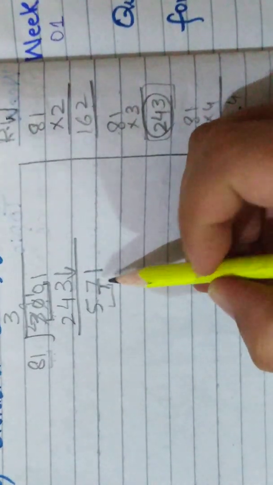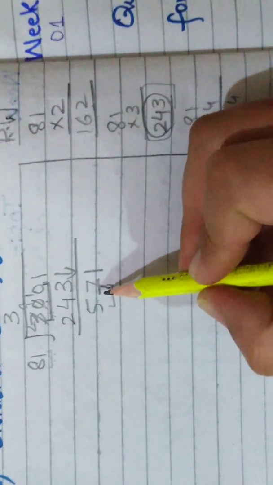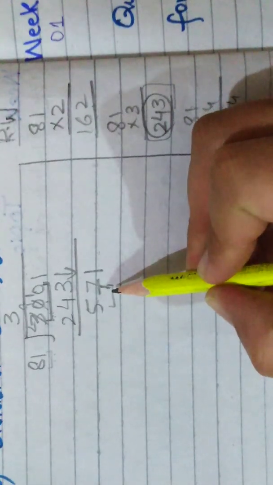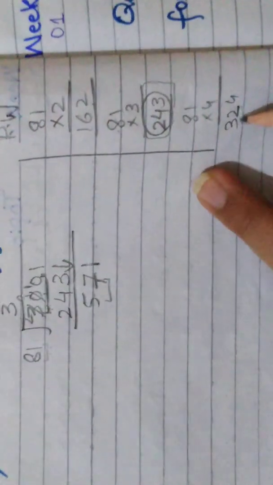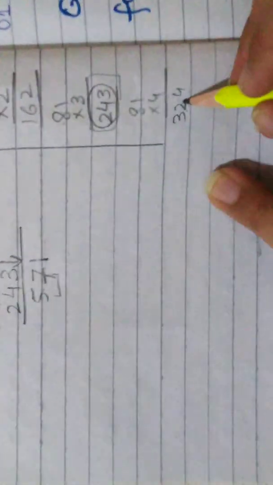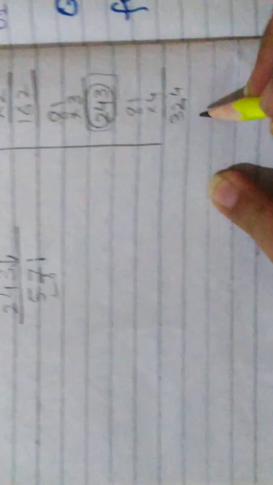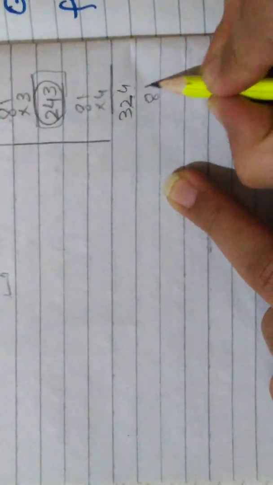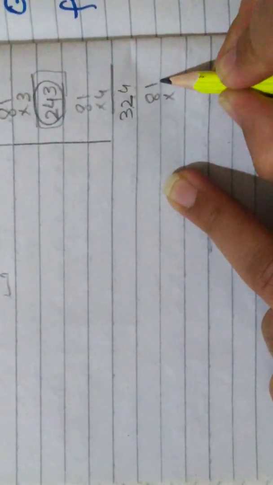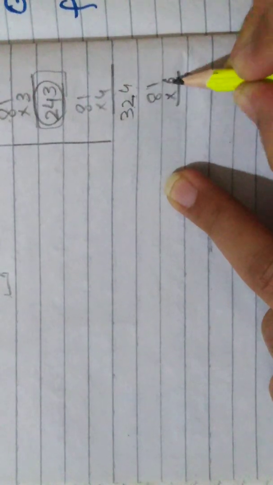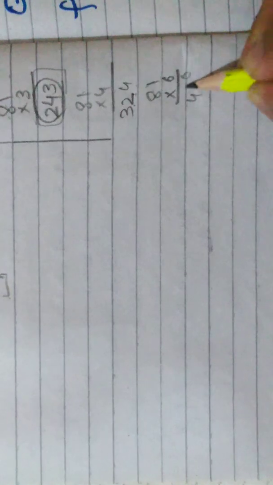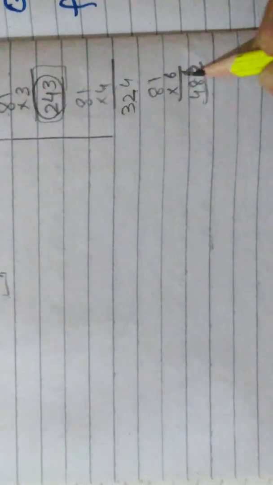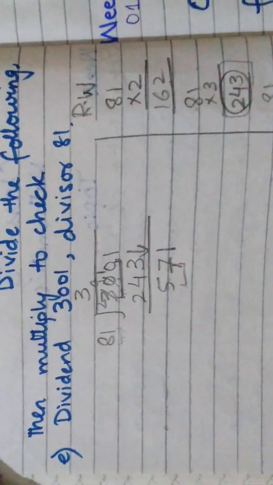Again we have to read the table of 81 till we get nearer or equal to 571. Now here you can see that 324, we have to get value nearer to 571, so we will multiply 81 with 6. 6 ones are 6, 6 eights are 48, so it's 486.